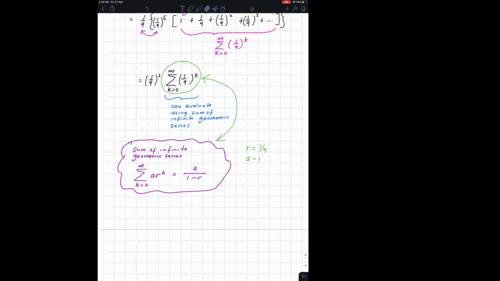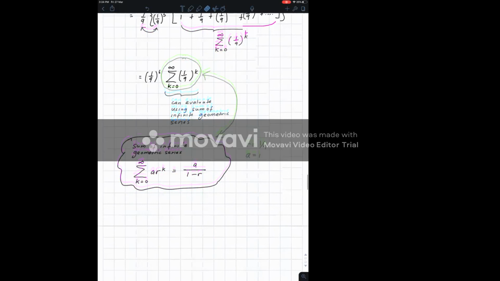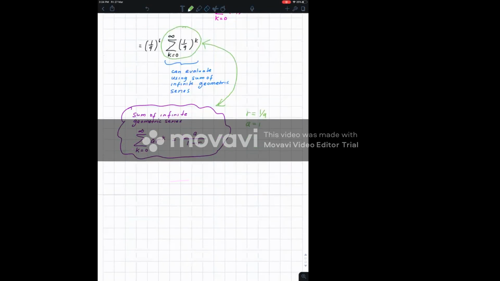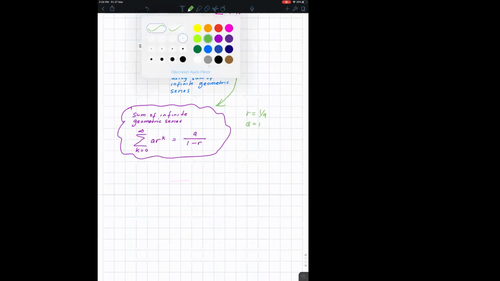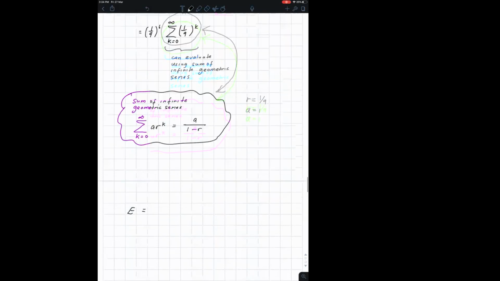All right. So you just use this formula, and then we can solve the problem. So therefore, now we have 1/9 to the power of 6. Using that formula, a is 1.